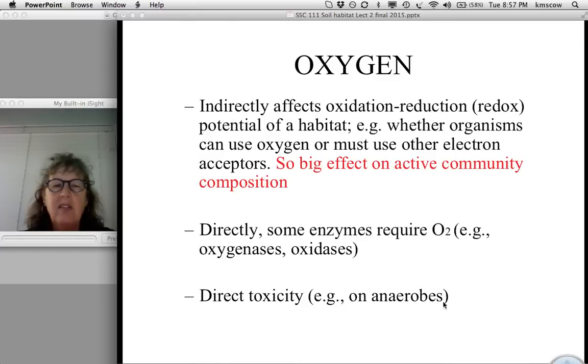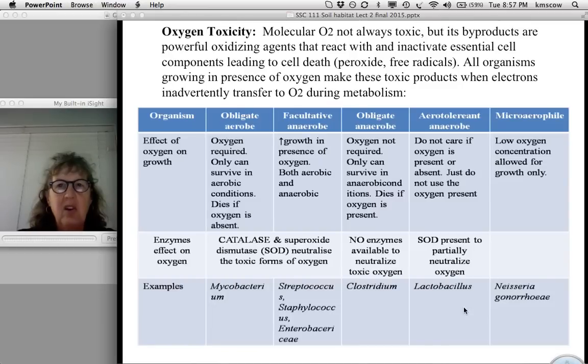And also oxygen can be toxic to microorganisms, and so there can be direct toxicity effects. I already have alluded to this in an earlier lecture where we talked about the ability to withstand an aerobic environment takes heroic activities. So the byproducts that are formed by molecular oxygen interacting with, for example, organic or inorganic compounds are powerful oxidizing agents.